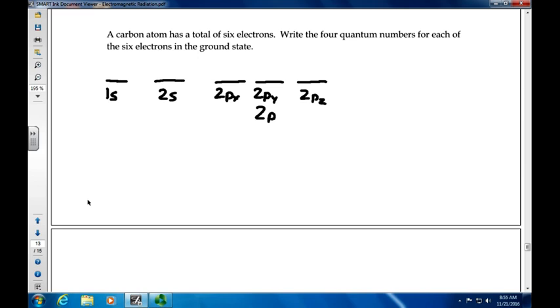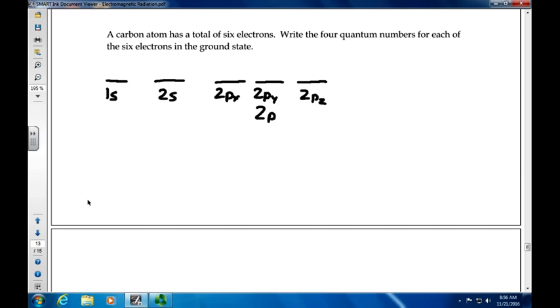So looking at this, we're trying to get a good idea of how to best express the 4 quantum numbers. And this is another way of doing it. If we remember back from the previous video, our number in front of the letter is indicative of our principal quantum number.